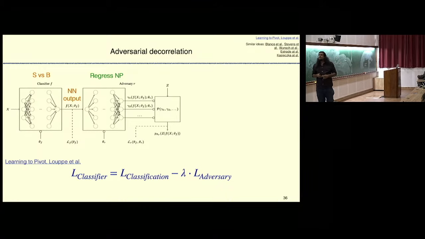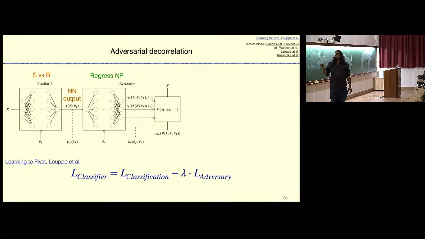So if your classification is sensitive to and dependent on this nuisance parameter, then it would be possible just from the output of the classifier to guess better than random what the true value of the nuisance parameter was in the simulation. And if you can do that, then that means your classifier is biased.